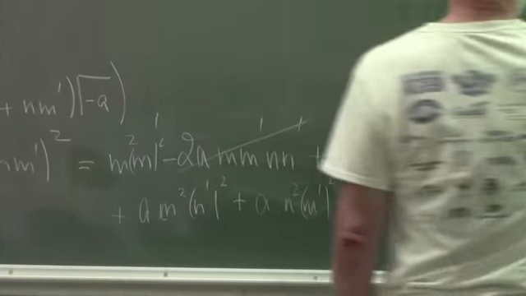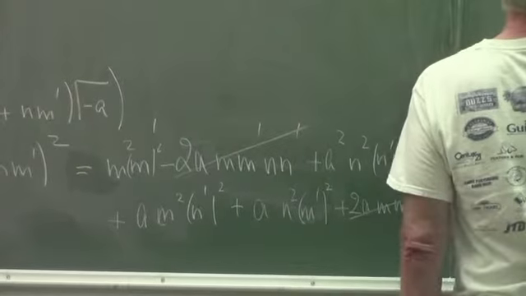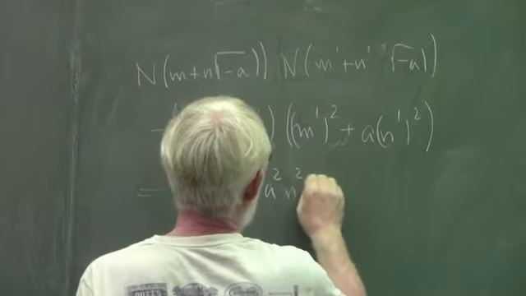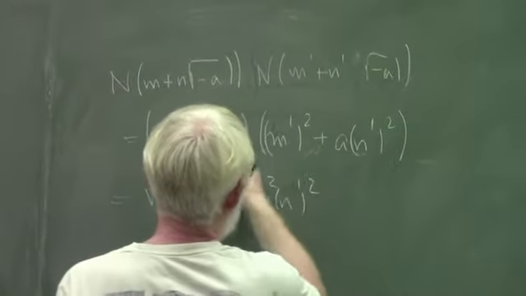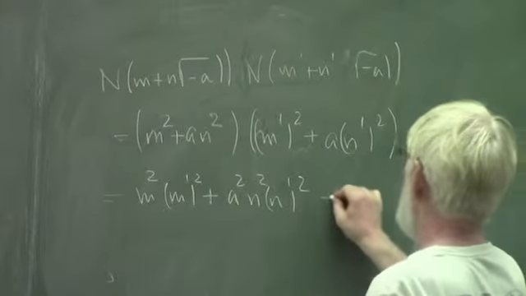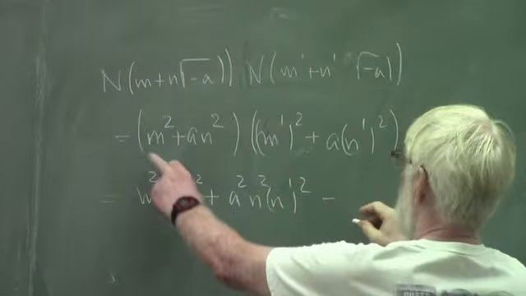If you multiply this one out, you get M squared M prime squared, plus A squared N squared N prime squared, so the product of these. And then you do the cross terms.